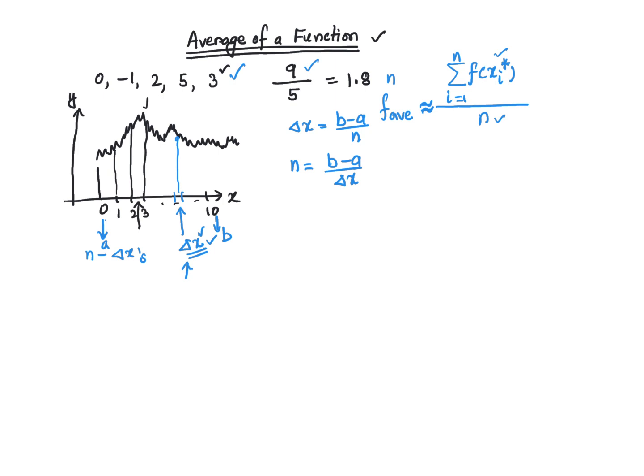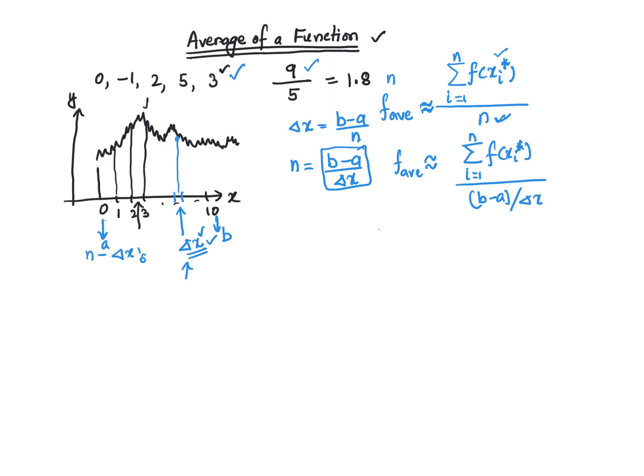Now I'm going to take my f sub ave and approximate it by the summation from i equals 1 to n of f of x sub i star, all of it divided by, instead of n, I'm going to use (b minus a) divided by delta x.